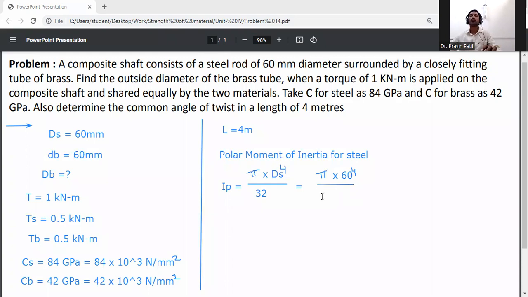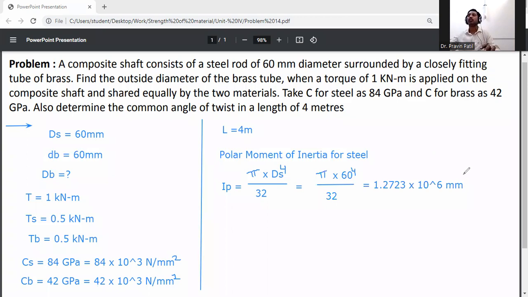We get the polar moment of inertia for steel, pi into 60 raised to 4 divided by 32, which is 1.27 into 10 raised to the power 6 mm raised to 4.